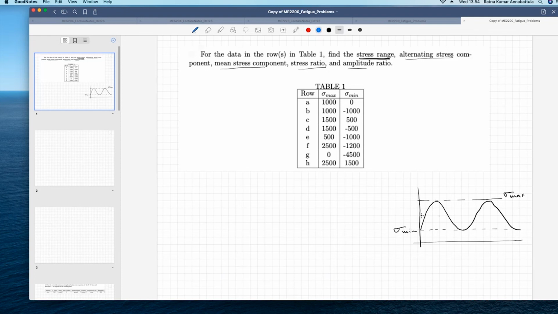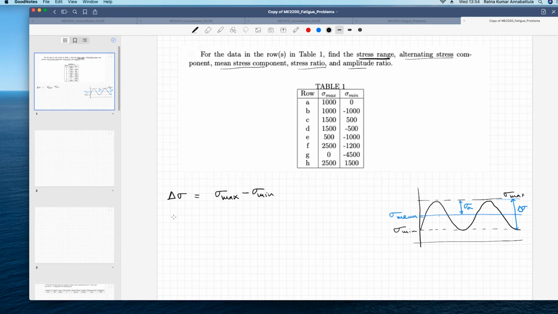And then that line represents your sigma mean, and this height represents stress amplitude. The distance between minimum stress and maximum stress is called stress range, right? That is what we have defined. So you can define stress range delta sigma is equal to sigma max minus sigma min.